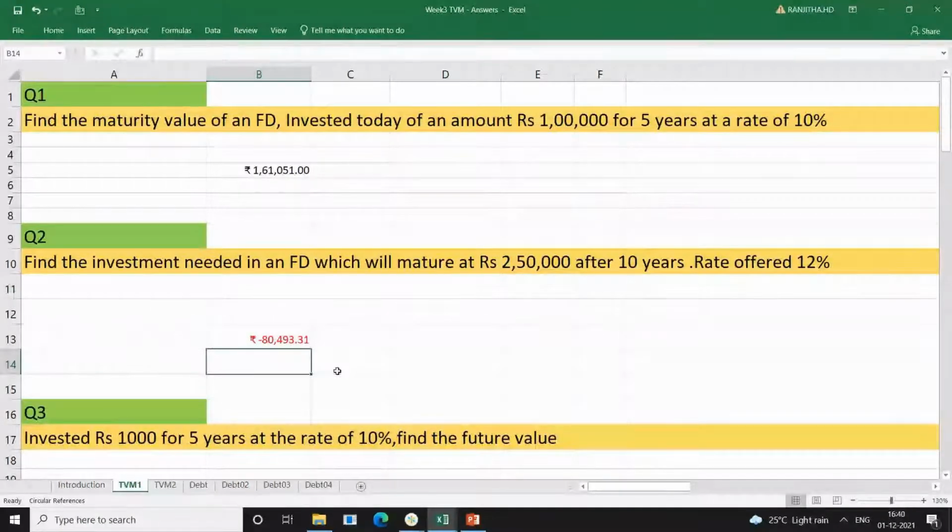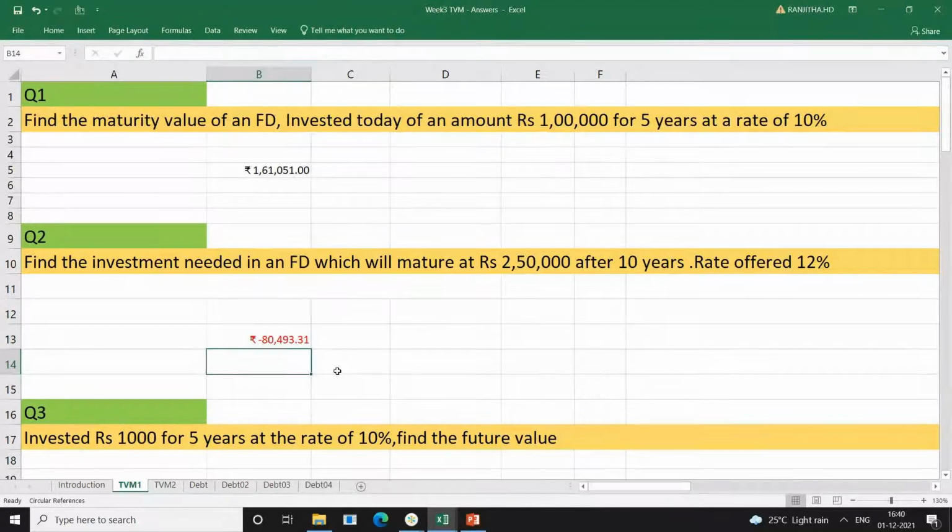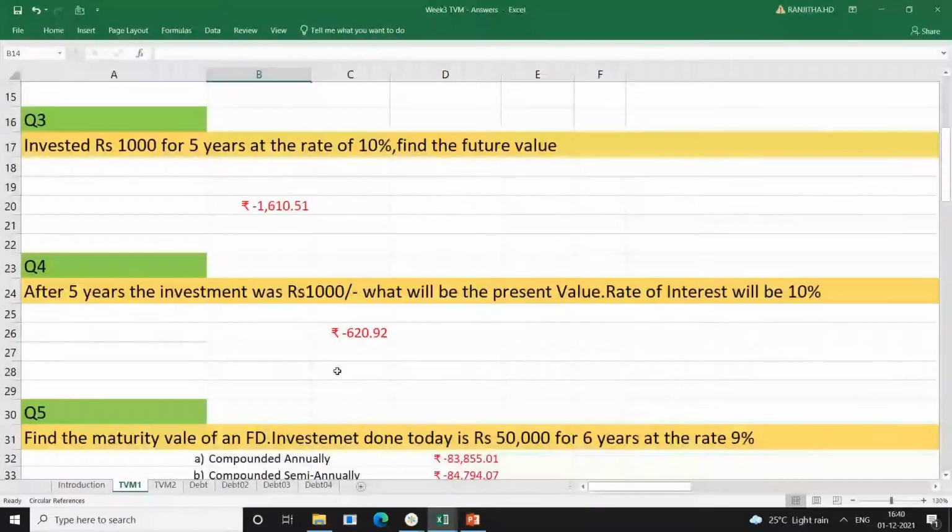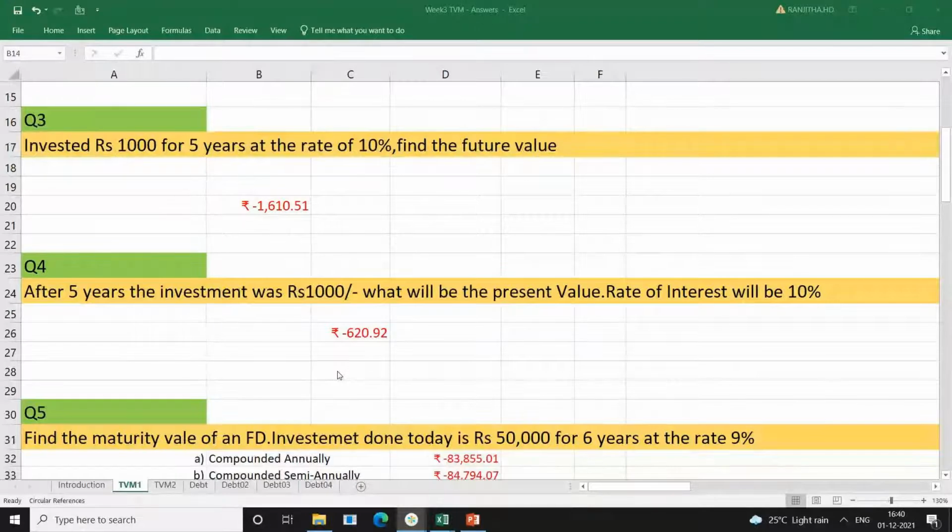You need to analyze whether it is a cash inflow or cash outflow. If it is an outflow, it will be minus. If it is an inflow, it will be positive. You need to analyze the question, whether it is future value or present value, as we have gone through examples before.